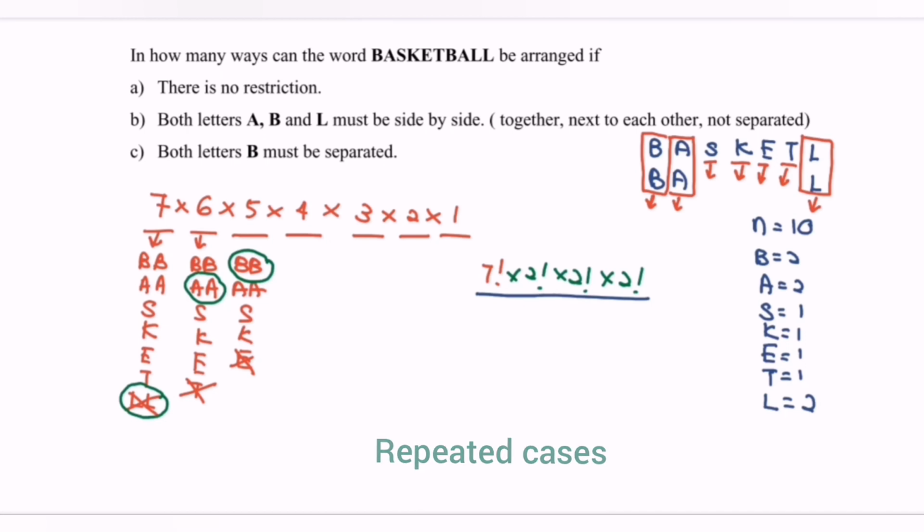That's why we need 2 factorial for the B, 2 factorial for the A, and 2 factorial for the L. As a conclusion, our final answer will be 5040 arrangements for condition B.